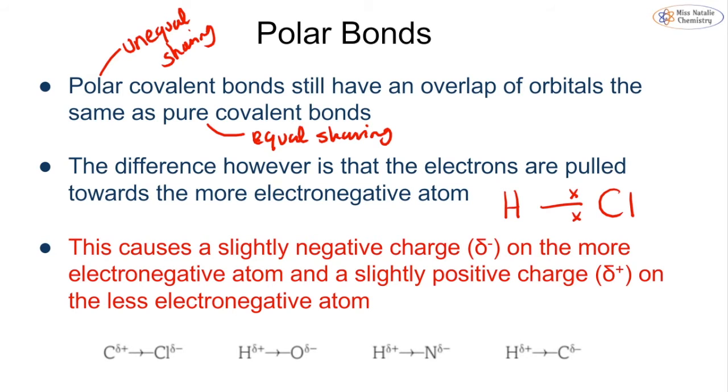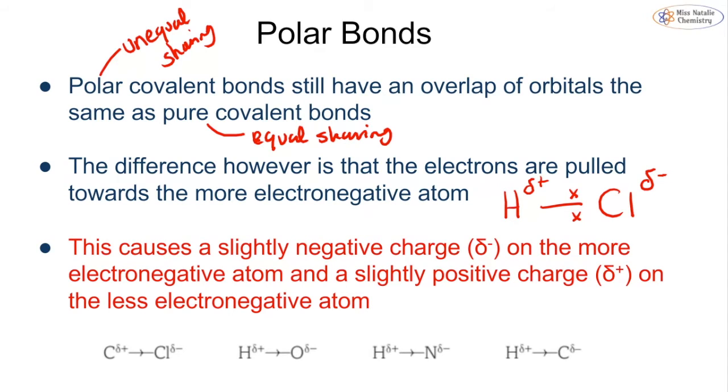And what happens is it causes the chlorine to become slightly more negative. And we show this by using this delta Greek symbol and a negative sign. And if this side becomes slightly negative, the other side becomes slightly positive. And we show that by having this delta positive.